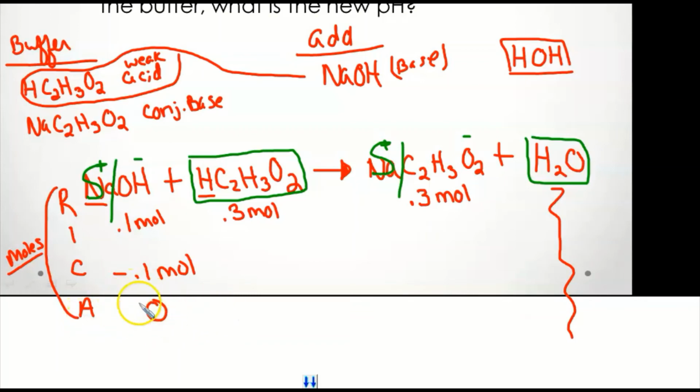None of him was there. We didn't go back in the other direction. So the smallest number goes away. If I lost 0.1 of this guy, I also lost 0.1 of this guy. It's a 1-to-1 ratio. So this is 0.2. Now the arrows go in that direction, I am losing reactants and I am making products. And it's a 1-to-1 ratio.